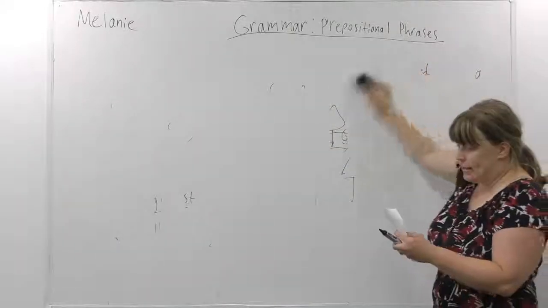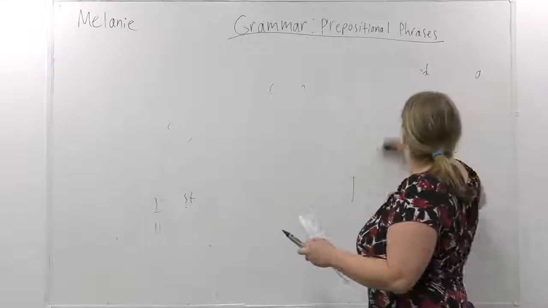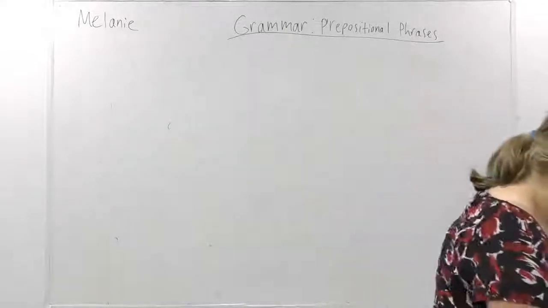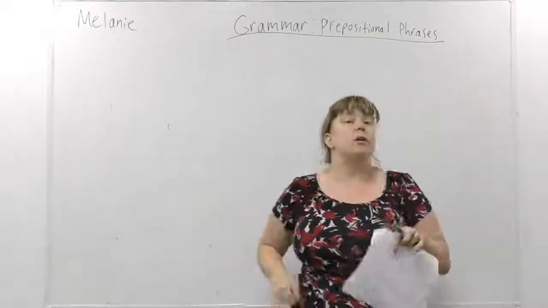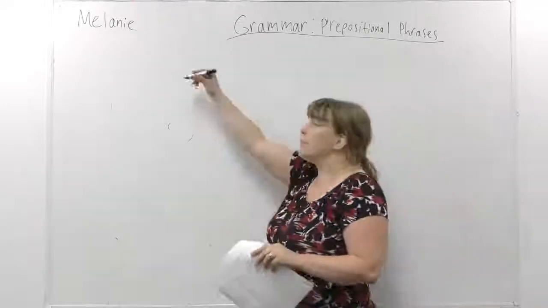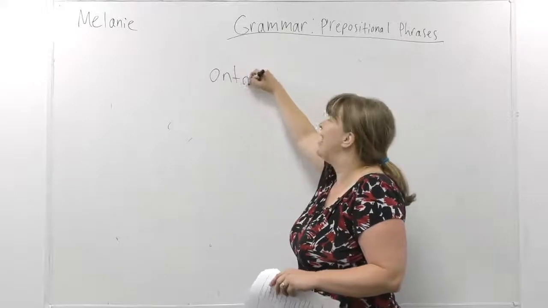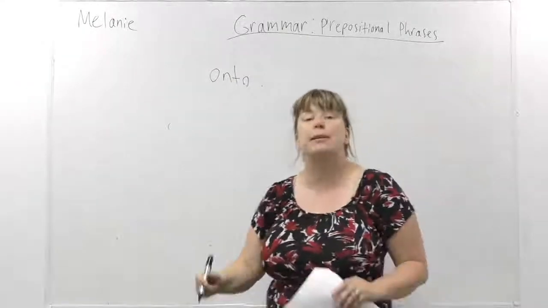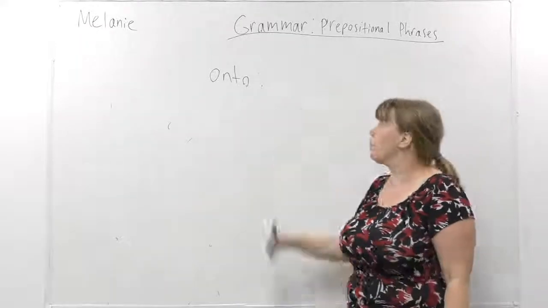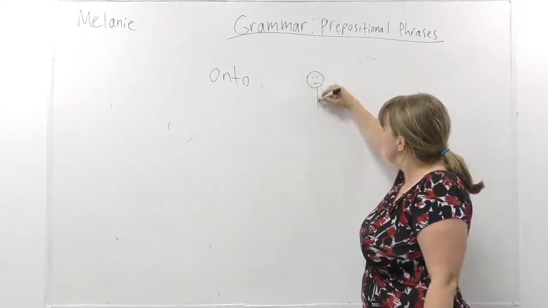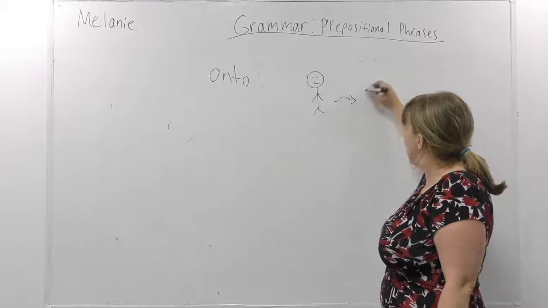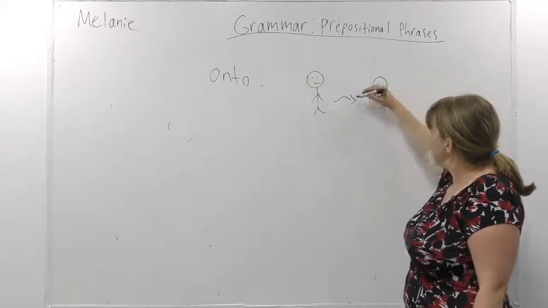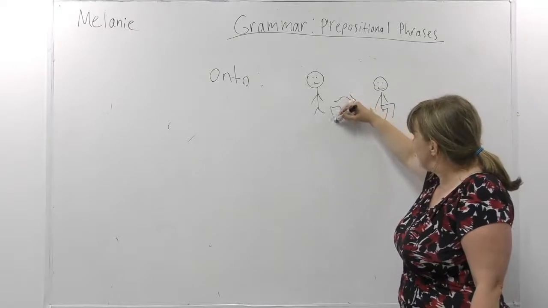Okay, what's next? Onto, okay. So onto is very similar to on. So this is when you're moving to a place. So typically when you're going from, for example, standing to sitting. So let's say here is a chair.